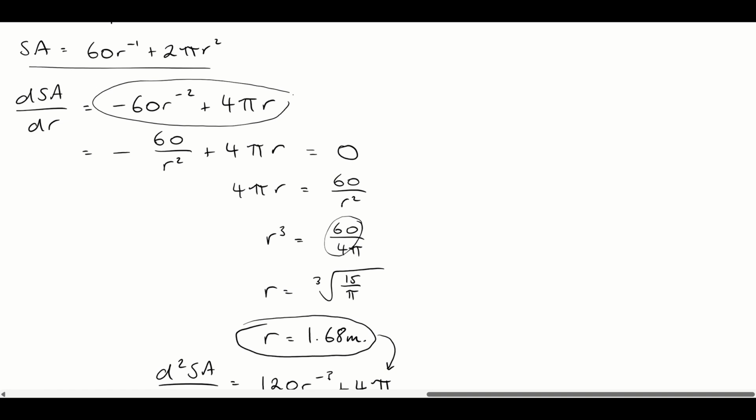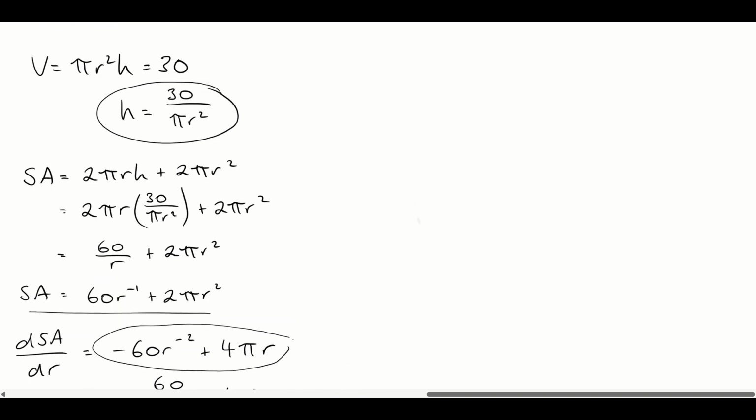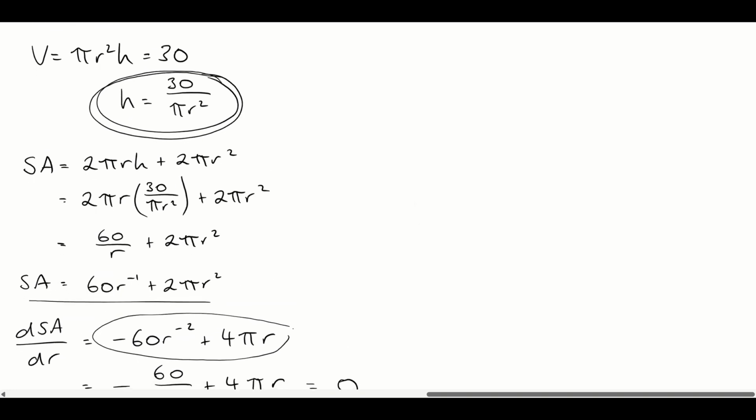Now, what would the height be if the radius is 1.68? Well, remember earlier up here, h is equal to 30 divided by pi r squared. So h is equal to 30 divided by pi times 1.68 squared, so the radius we worked out that minimized the surface area.